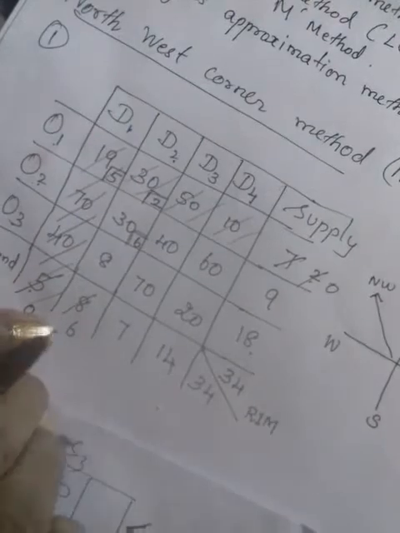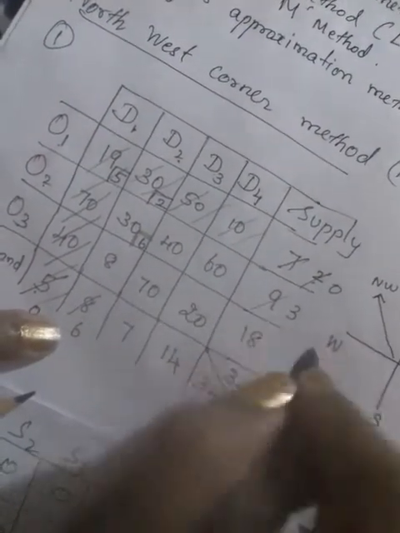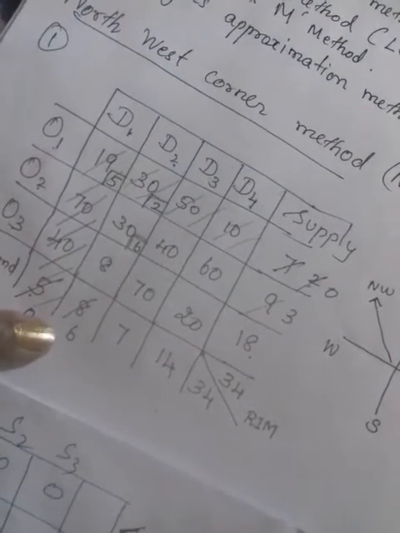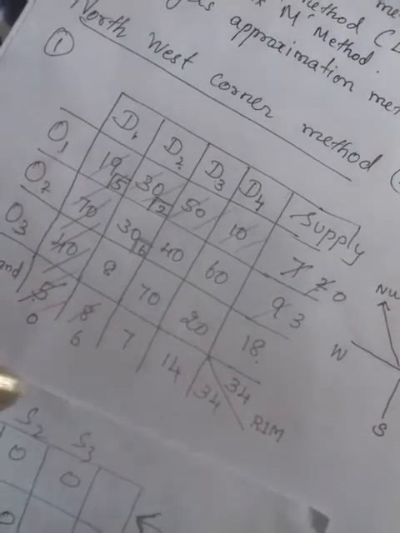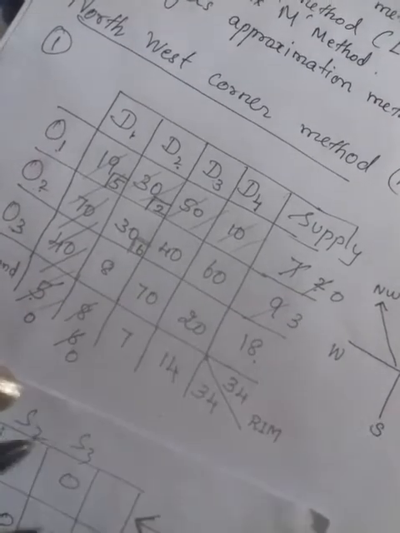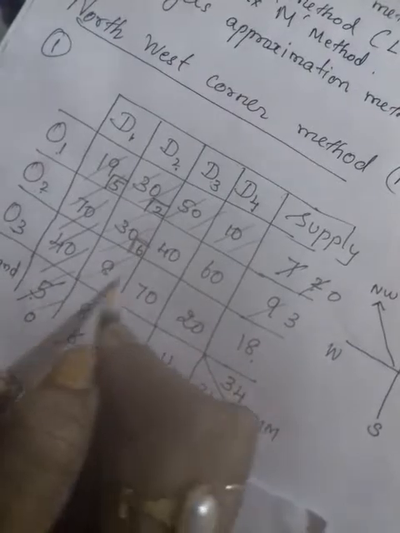So 9 minus 6 becomes 3. Is it clear? Now the entire 6 products you sent here, so scratch down this one and put 0, and this column becomes 0, so put some lines.